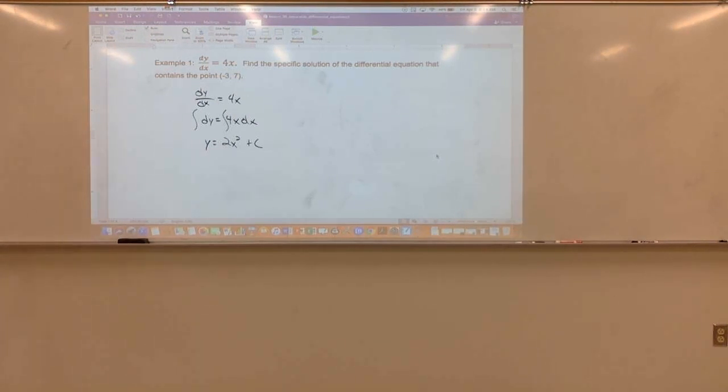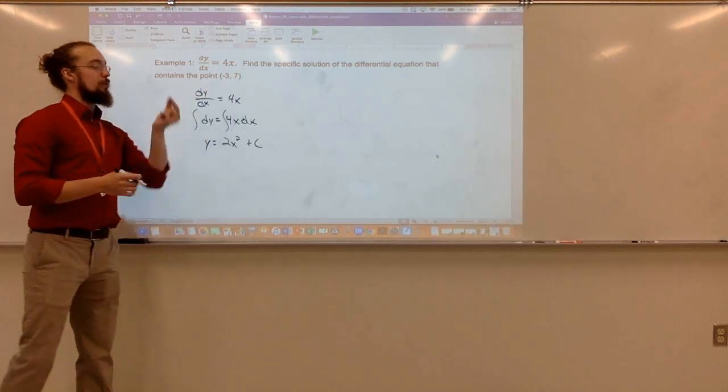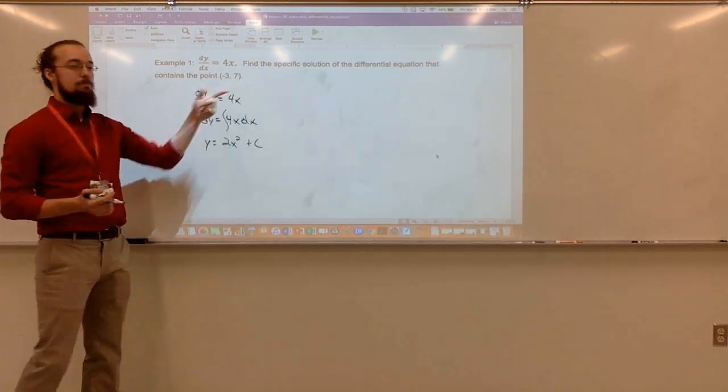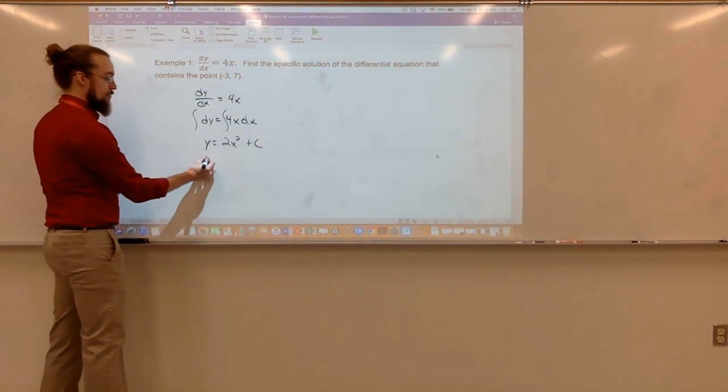But then we want to find the specific solution that contains the point -3, 7. So I just want to solve for c now. So I'm going to plug -3 in for x, 7 in for y, and solve for c.